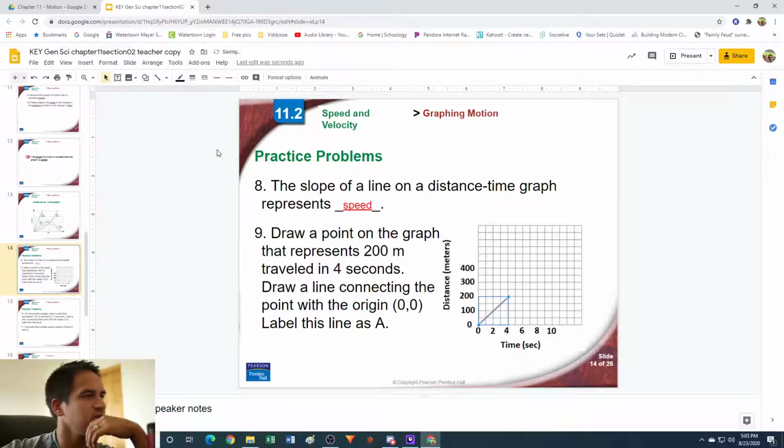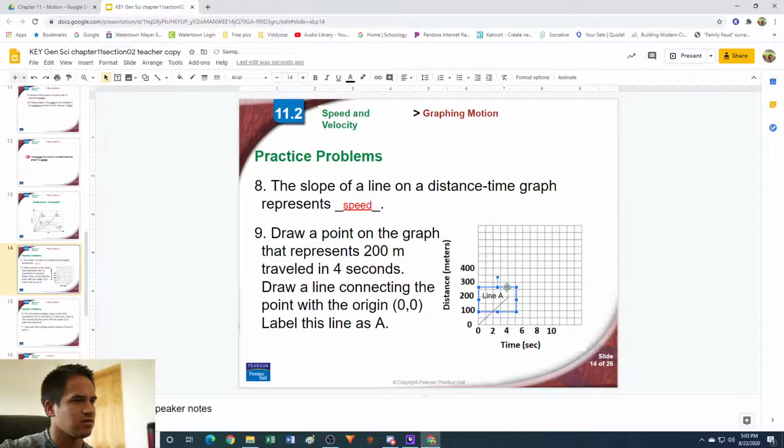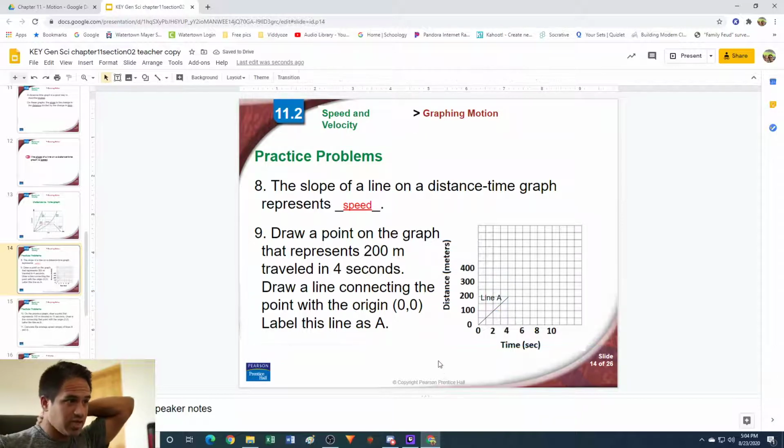Okay, there's our line. And then we're going to go insert text box. And we'll put a text box right there, and we'll label this line A. Okay, so there's line A right there. Bam. Okay. I think there's another part to this problem.